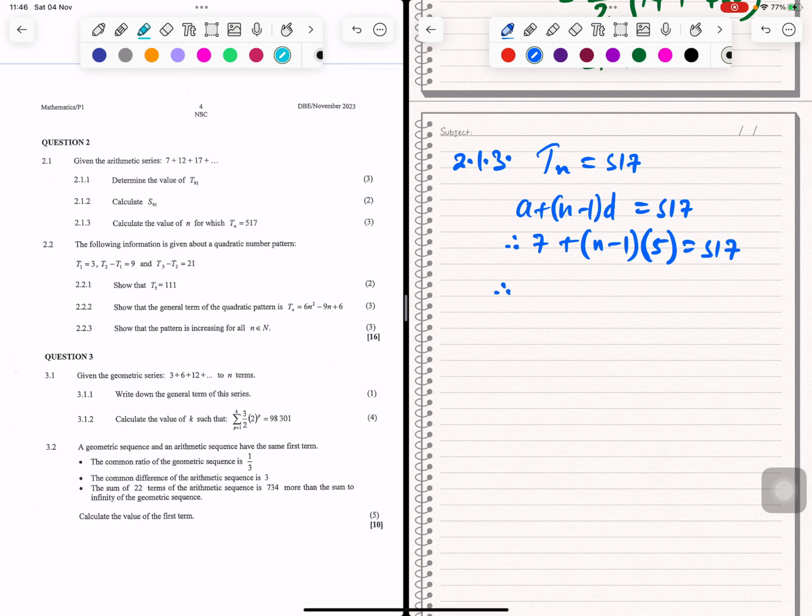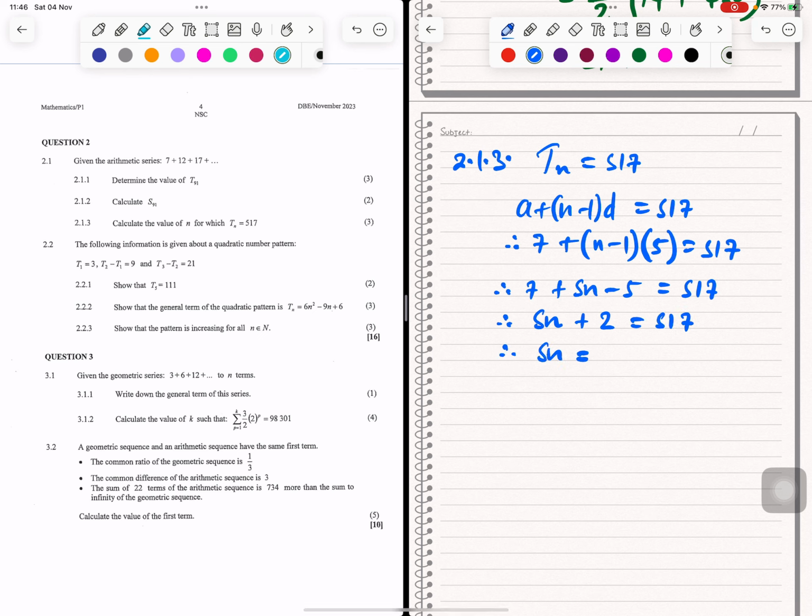Let's just be very careful here. We have 7 plus 5n minus 5 is equal to 517. Therefore, that is going to be 5n plus 2 equaling to 517.